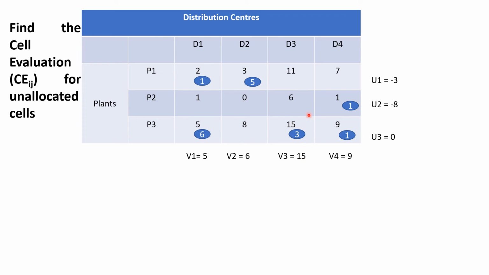So 12 is to be subtracted from Cij, that is 11. So that gives you minus 1. Same thing here. This cell belongs to first row, fourth column. So minus 3 plus 9 gives you 6. And then 6 is to be subtracted from this 7, the Cij. So that gives you 1.